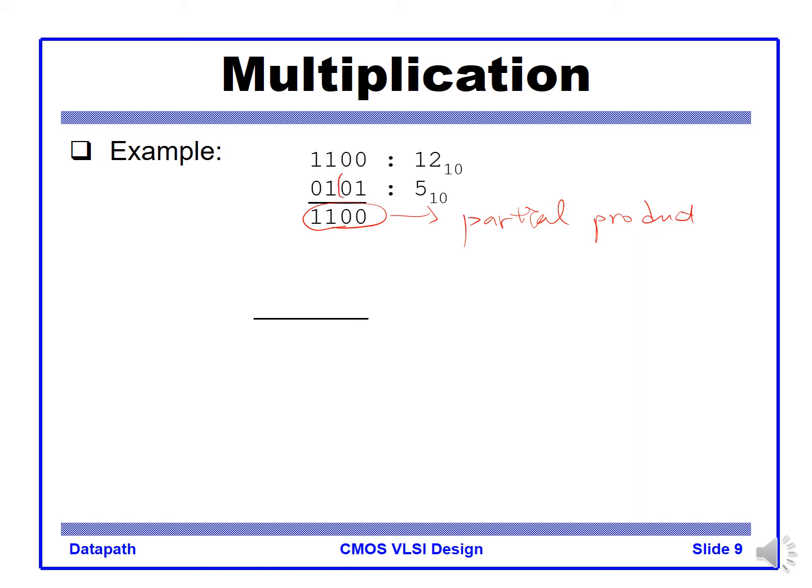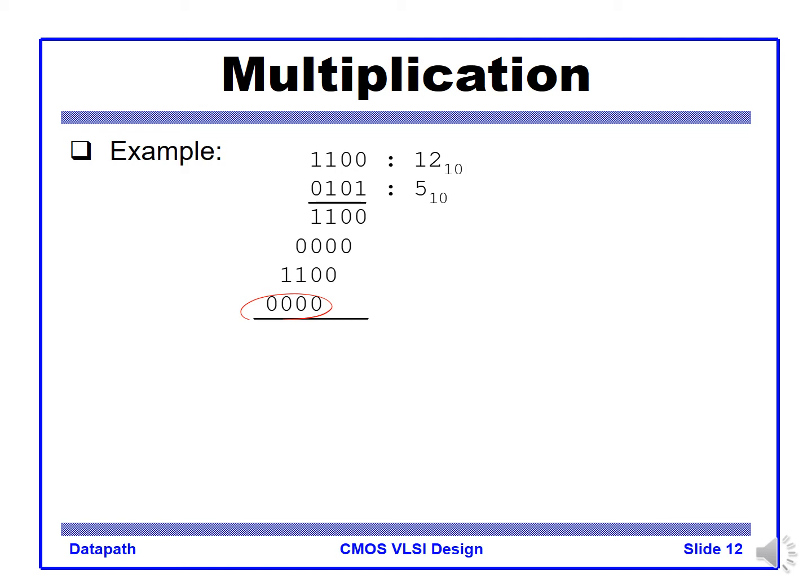And then for the next bit we multiply again, so an additional partial product is generated. And then we generate the partial product for the next bit. 1100 is another partial product. Finally, the next partial product is 0000.